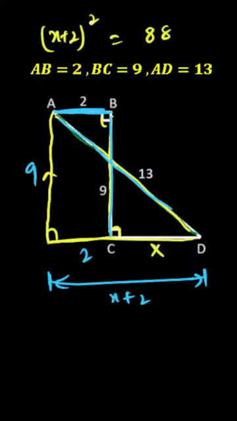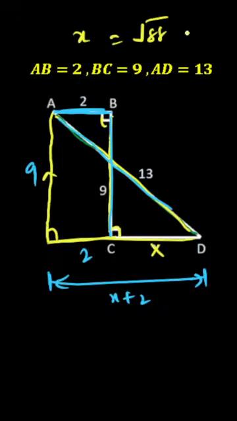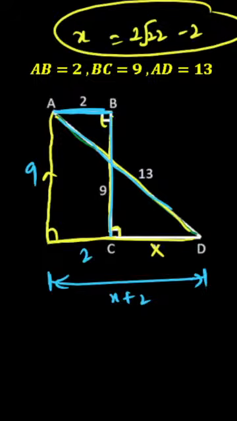So I'll take the square root. This will become root 88, and I'll need to subtract because I'm not considering the negative signs. x can't be negative, right? So x is going to be root 88 minus 2, or if I simplify root 88 further, this would be 2 root 22 minus 2. So that is the correct answer.